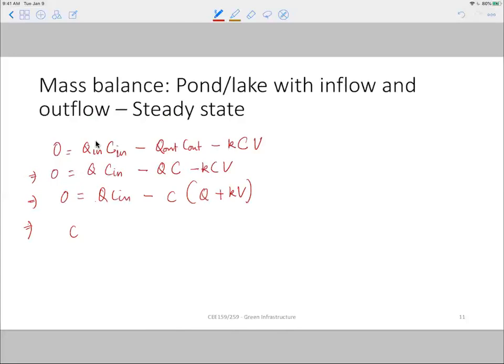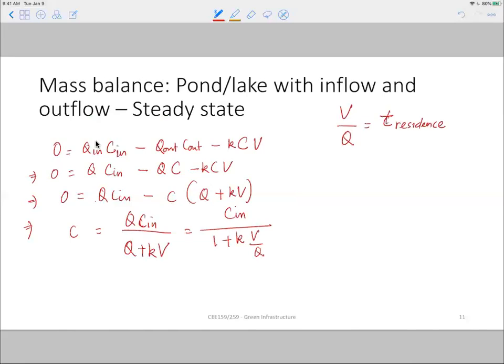That means C out, or C in the pond, would be Q C in over Q plus K V. Another way we can change that form is C in divided by, dividing Q on both sides, 1 plus K volume over flow rate. If you think about what volume over flow rate is, it's a term that we all know: the residence time.